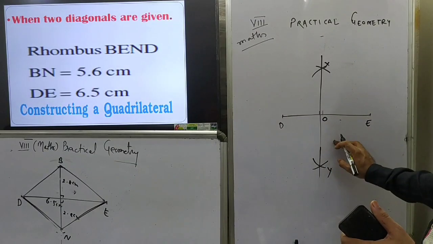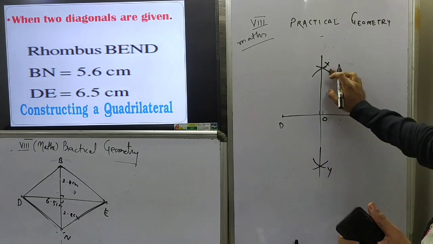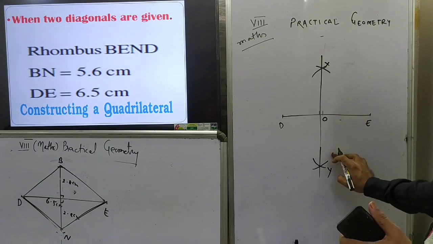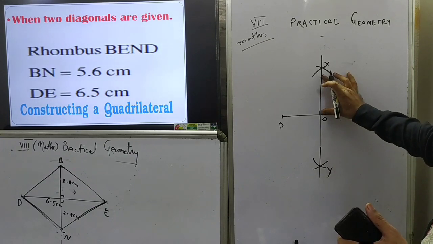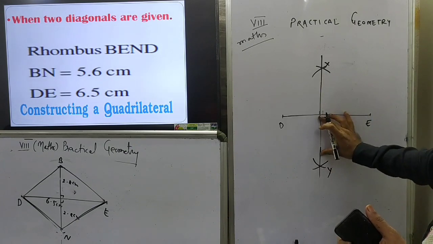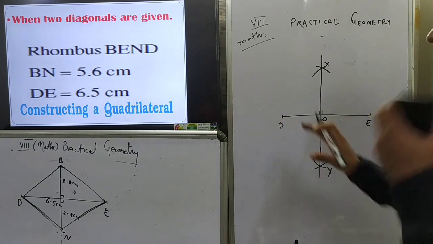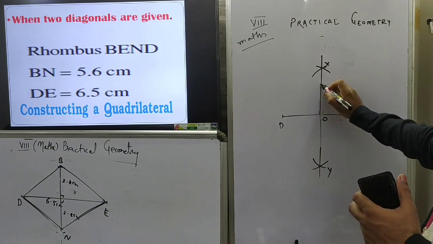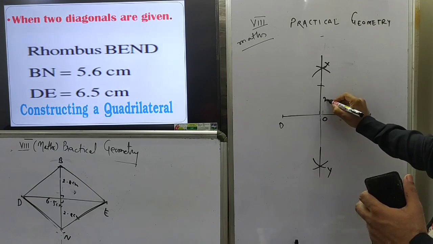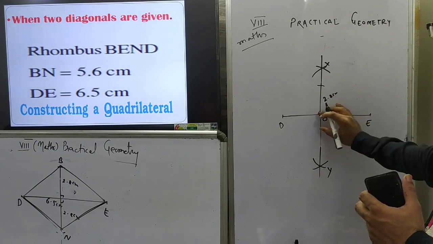Now on this XY there are points B and N. Now you know that this BN is 5.6 centimeter. It means that B is 2.8 centimeter from this point O, and N is also at 2.8 centimeter from O, which means it is half of 5.6. Take 2.8 centimeter in the rounder and draw one arc. This radius is 2.8 centimeter.